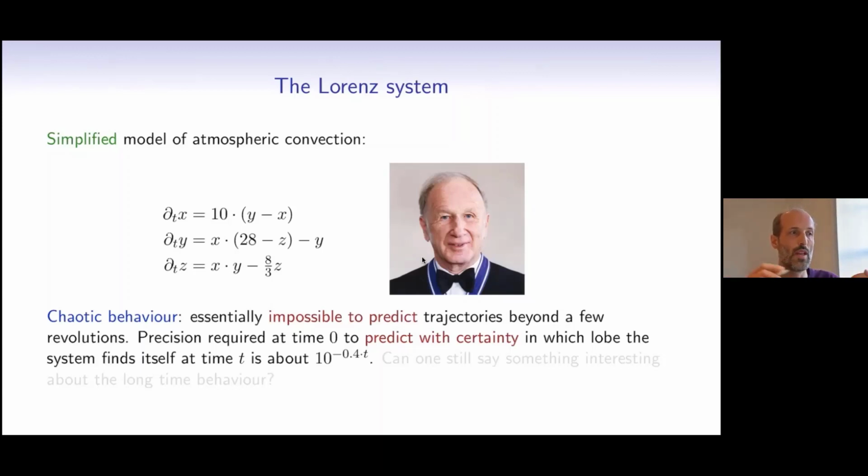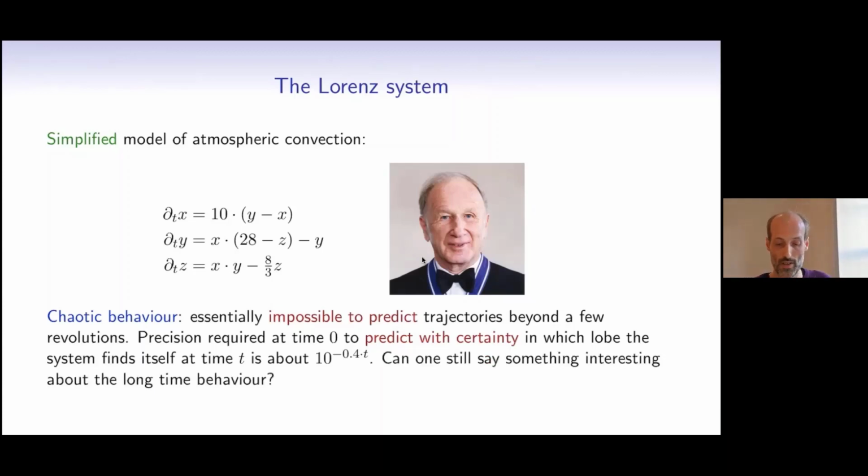So that's what I mean, that it's basically impossible to predict the trajectories, because if you get the initial data wrong by any amount that's measurable at all, then after a relatively short amount of time, you have no clue on whether the solution is going to be on the left or on the right side of the picture. Right? And so even though it's deterministic, you can't really predict the outcome.